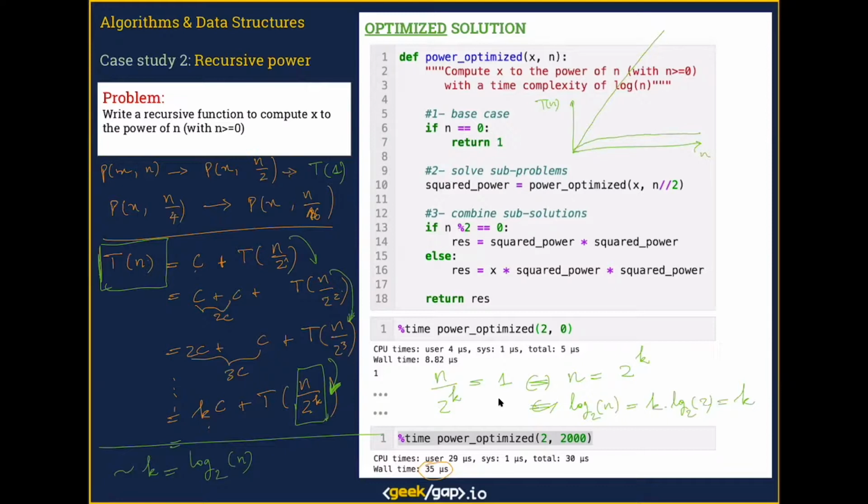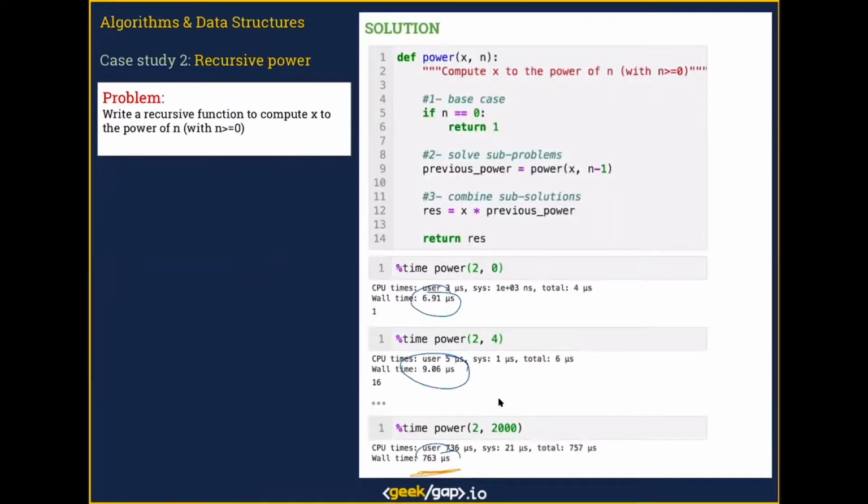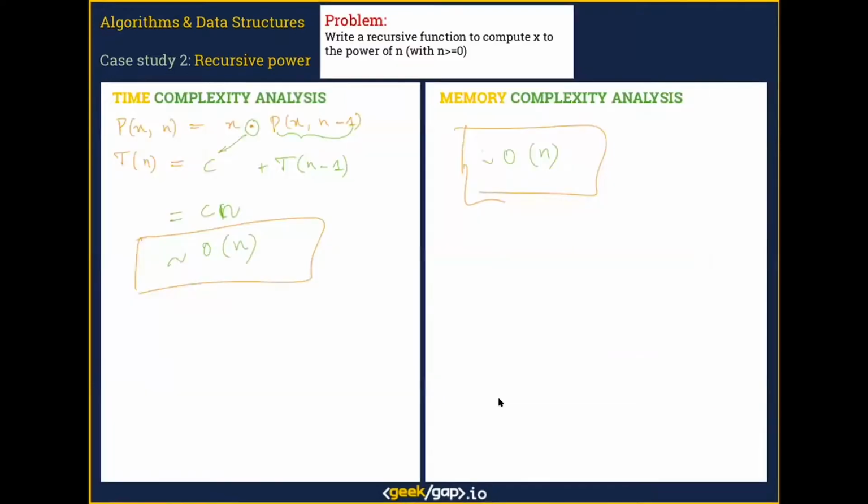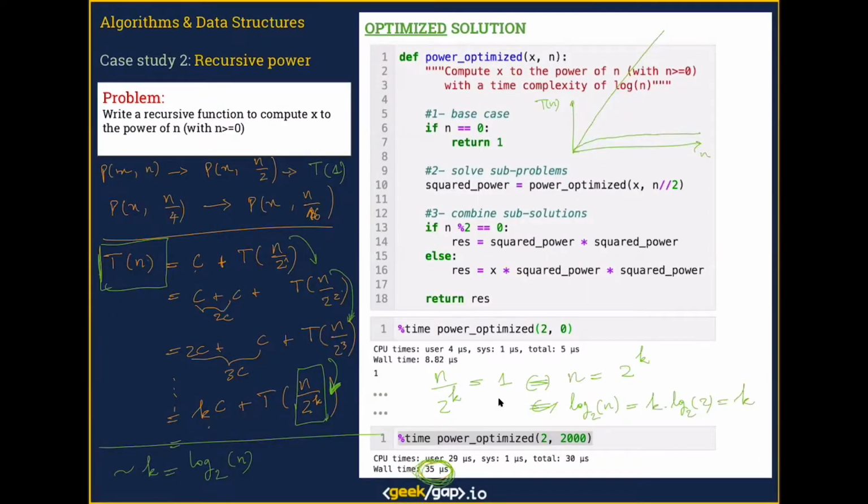And that's why you can see this time difference here. When we have this implementation, the power optimized takes 35 milliseconds, whereas this other one here takes 763 microseconds, sorry, in terms of microseconds.